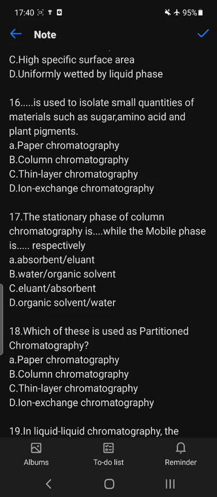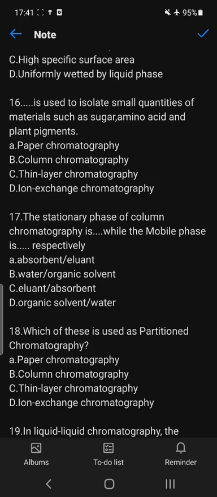Examples are cyclohexane, benzene, petroleum ether, glacial acetic acid, methanol, ethanol. All of these are examples of eluents that can be used as mobile phase in column chromatography. If they don't bring it like this, they give you examples.